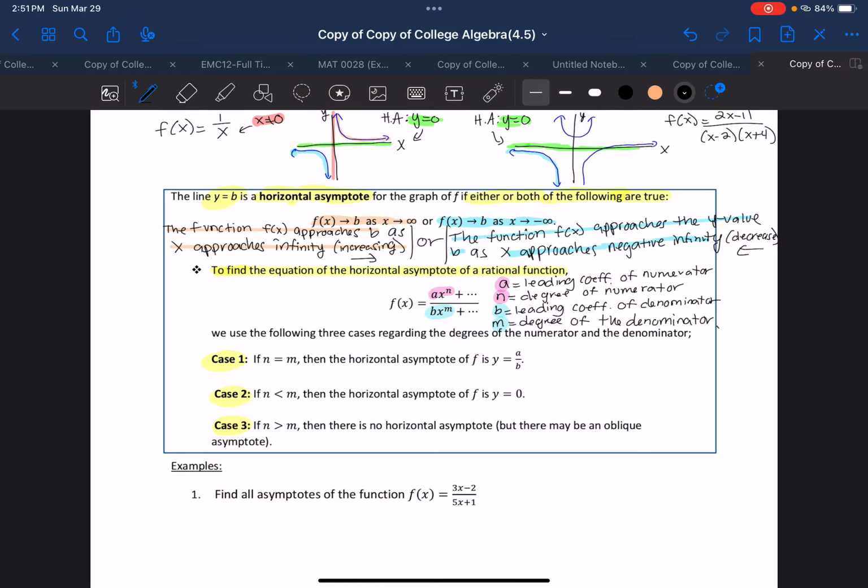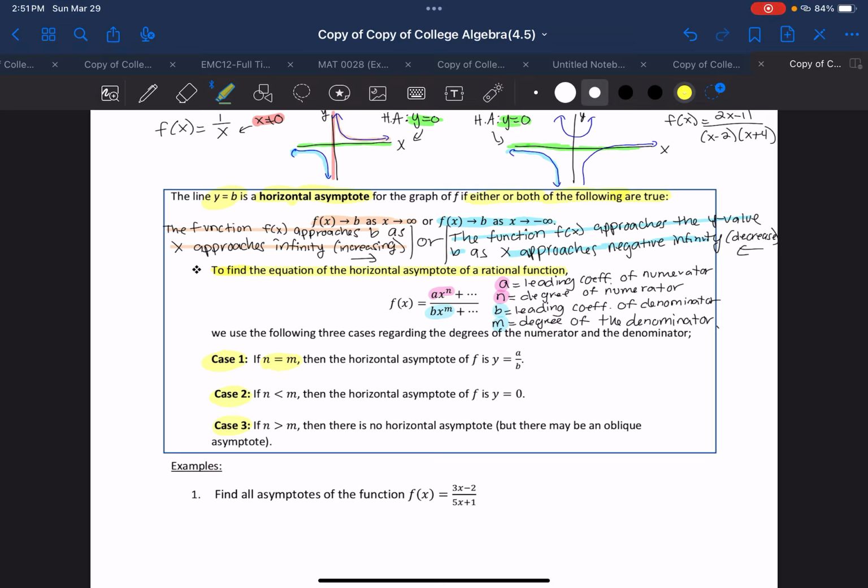These three cases here will tell us what the horizontal asymptote of the function is. Case 1 is if n is equal to m. I'm talking about the degrees, the highest exponent on top of the fraction and on the bottom.